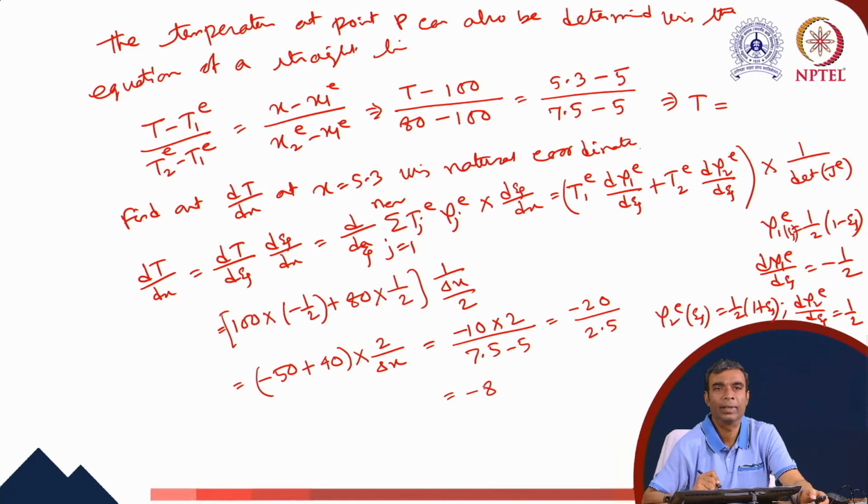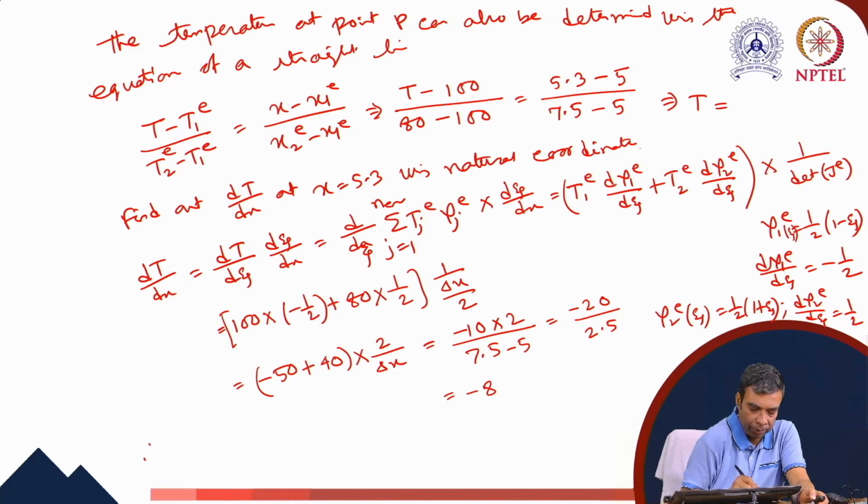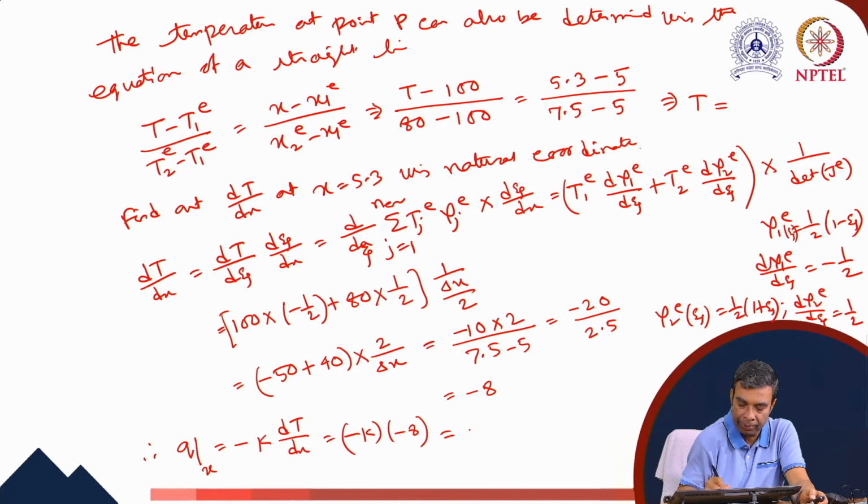So we find that the temperature gradient within the element is independent of the xi coordinate. It is a negative quantity. Therefore, heat flux within the element, q, at any x location equals minus k dT/dx equals minus k into minus 8 equals 8k.